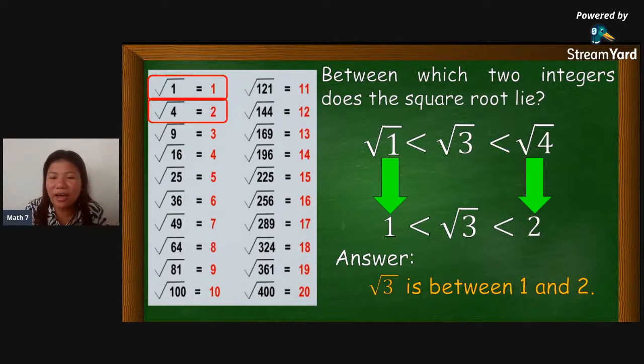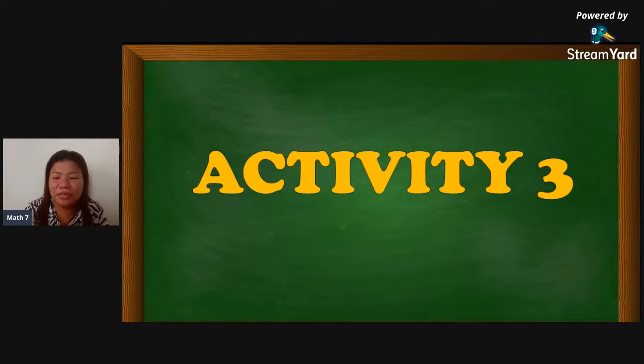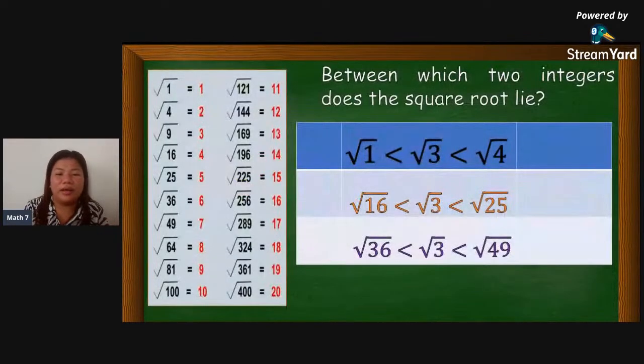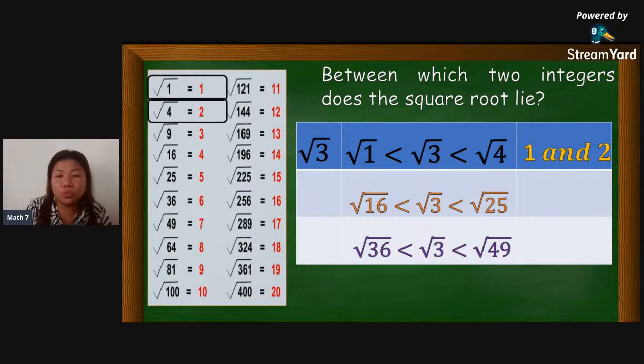Okay, so let us have the next activity. That is activity number 3. Yan. So, ito po. Given na dyan ha. So, we have square root of 3, yung kanina. So, sinagot natin, that is in between siya ng 1 and 2.